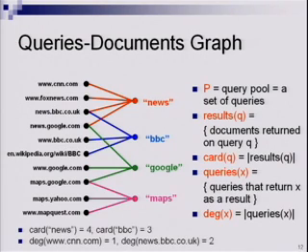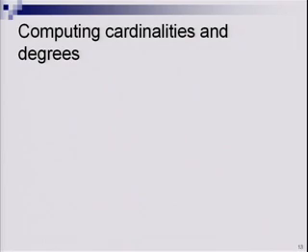We call the degree of the document just the number of queries that return that document as the result. So the degree of CNN.com is 1, but the degree of BBC.co.uk is 2. Okay. Now we note the following observation.